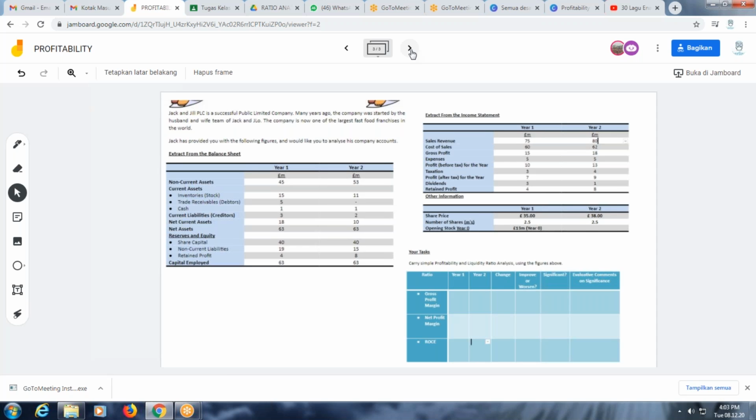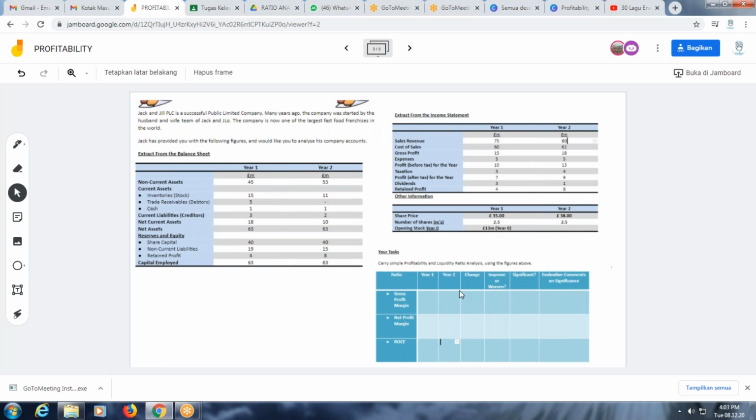So for the last worksheet, this is the problem for Jack and Jill's public limited company, which has accounting information extracted from the balance sheet, the income statement, and other information.